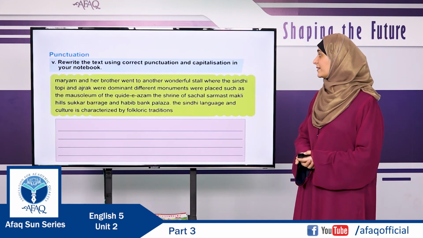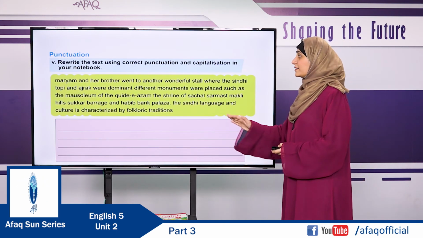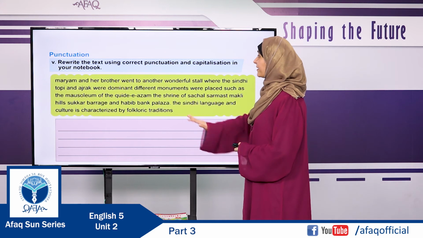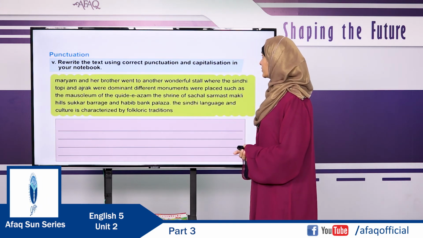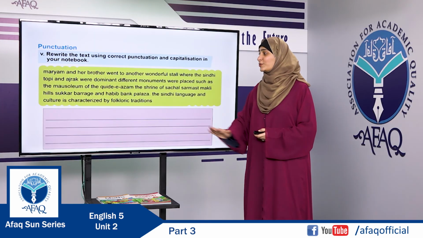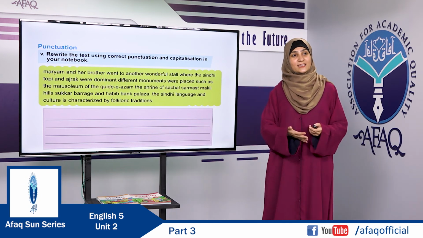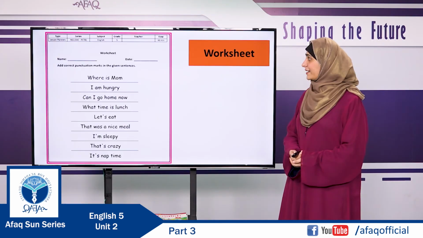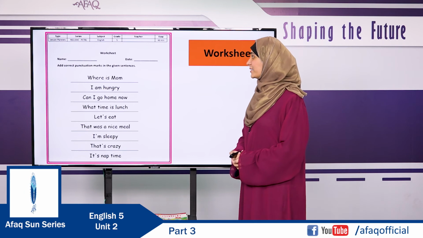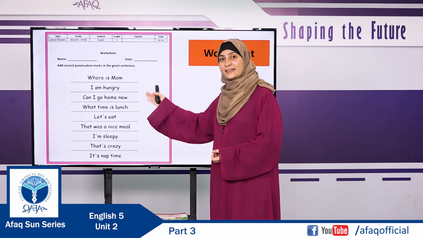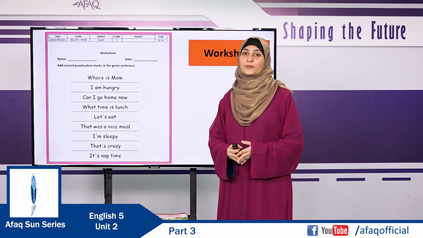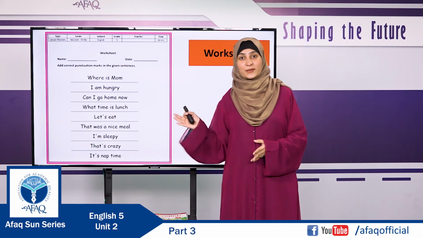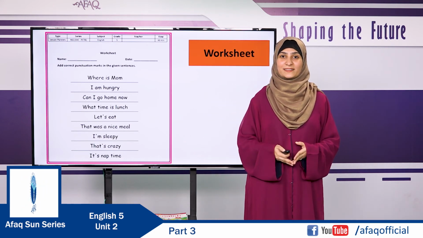Let's practice it even more. Dear students, you are going to rewrite the text using the correct punctuation and capitalization in your notebook. So, get done with it quickly and come back. Dear students, you will use the correct punctuation marks again in the given sentences and you will finish this worksheet. So, complete it quickly and come back for the next lesson.